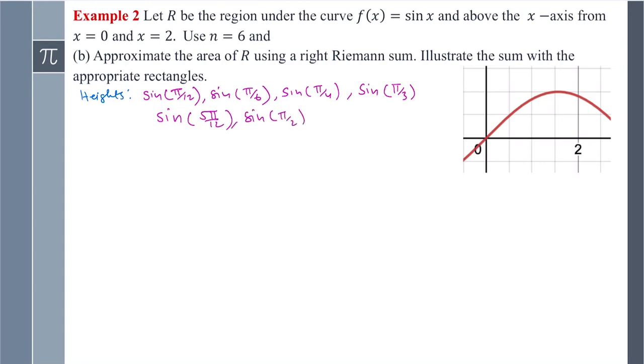So here in the illustration, this is pi over 2. So we'll divide into 6 sub-intervals. The right endpoint gives us the height now.